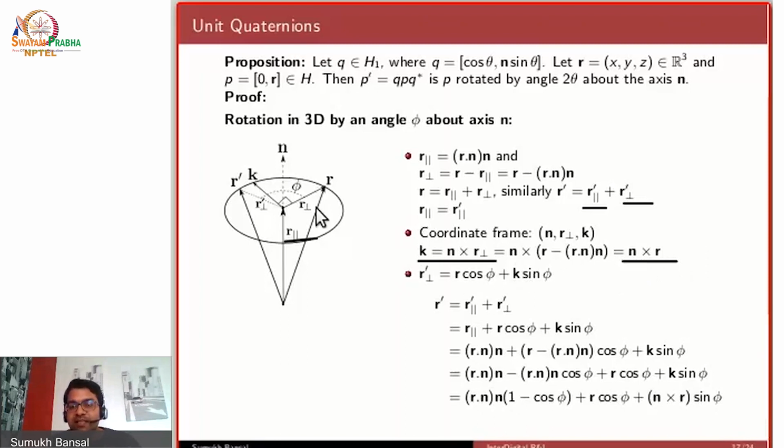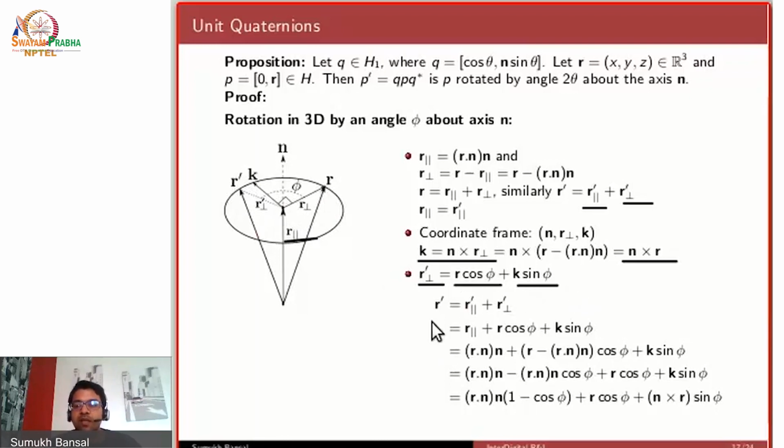Now, using this coordinate frame, we can write r dash perpendicular as r perpendicular cos theta plus k sin theta, which is using basic trigonometry. So you project one component on the r axis, and then you project another component on the k axis, and you get your decomposition.